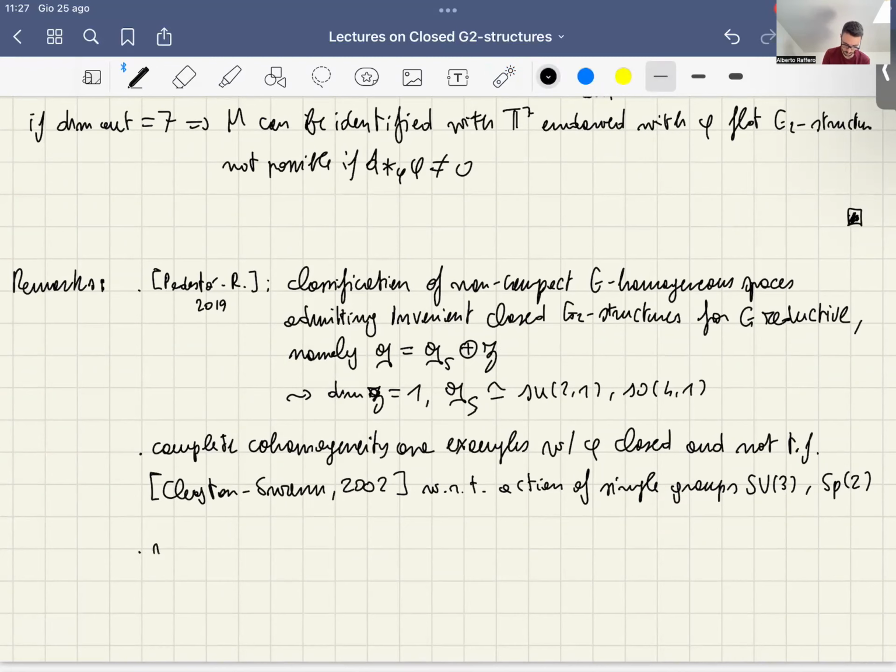We have more known examples on Lie groups, of course non-compact examples, on simply connected groups.